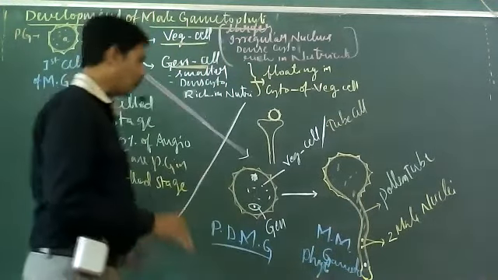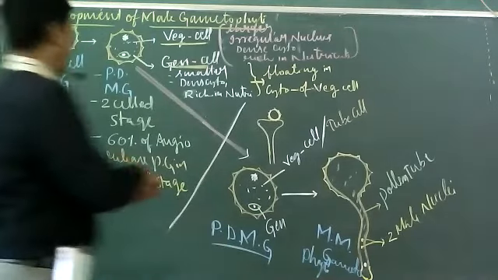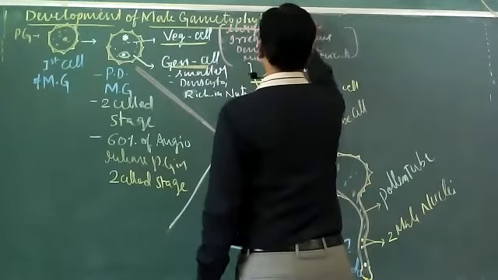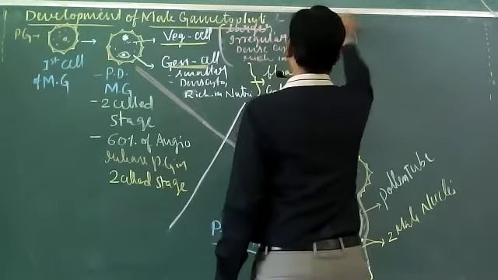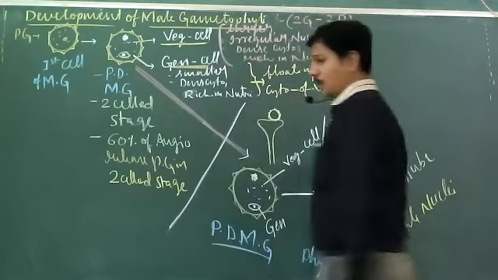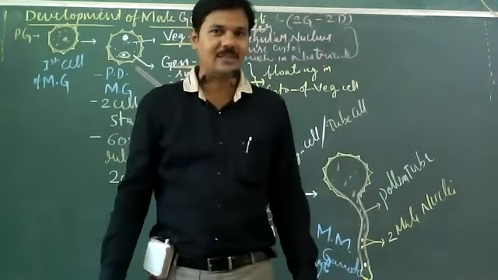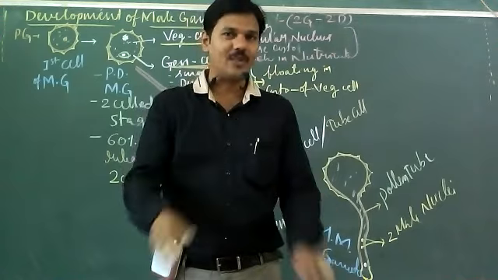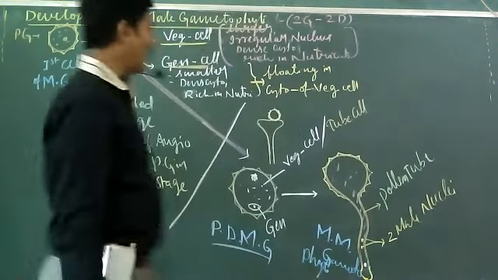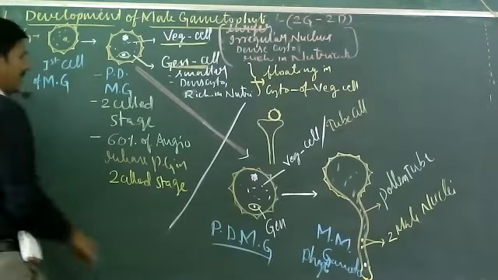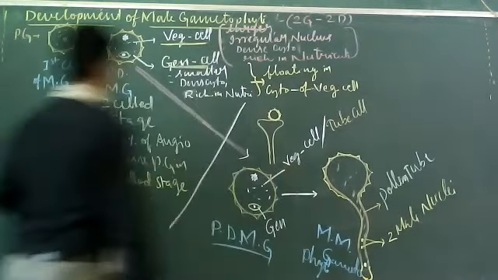So I told you this development of this male gametophyte is 2G, 2D. So what is that now? 2G, 2 generations. This is first generation, this is second generation.